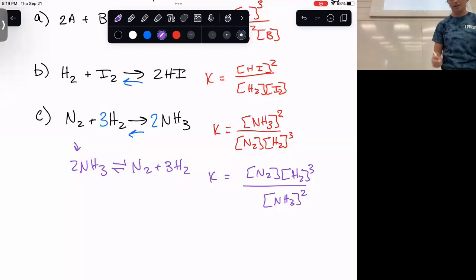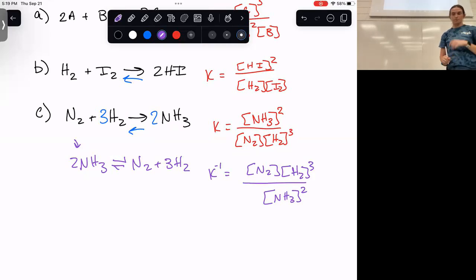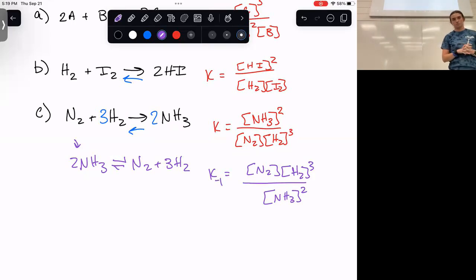You'll say that this would be K and this would be K -1, or I think they put it as a subscript, so it's K -1. Any other questions about inverses of Ks?